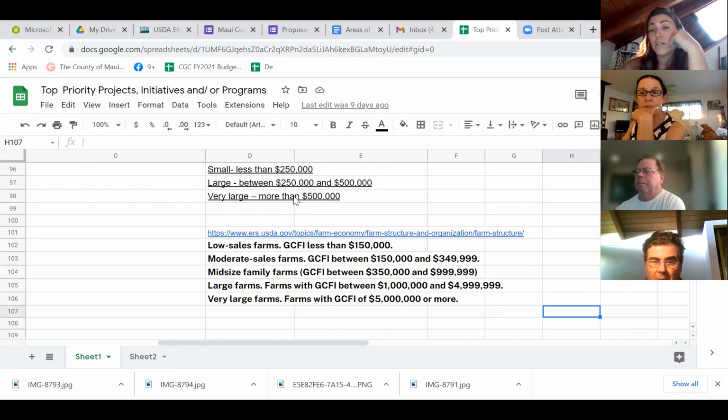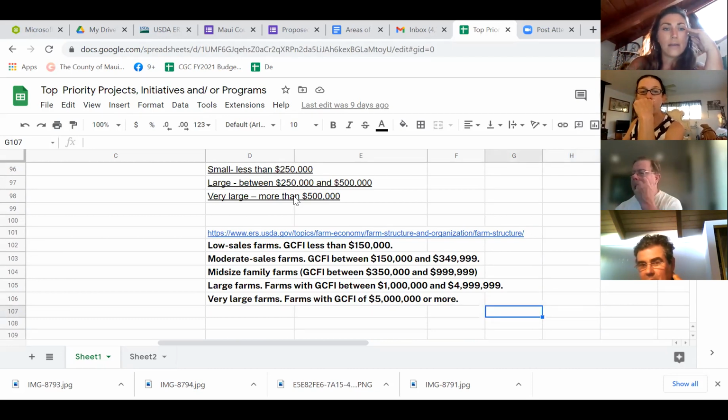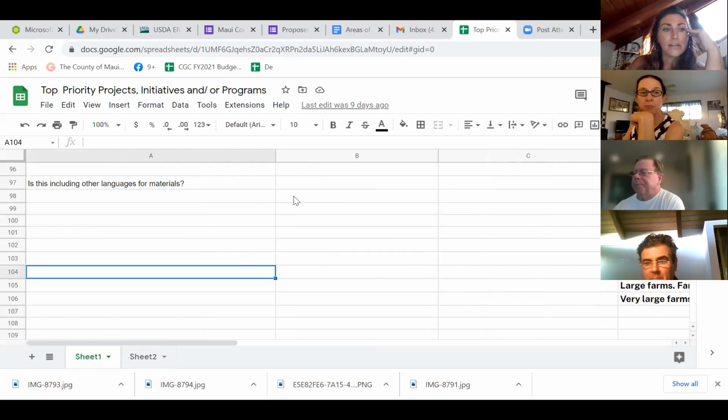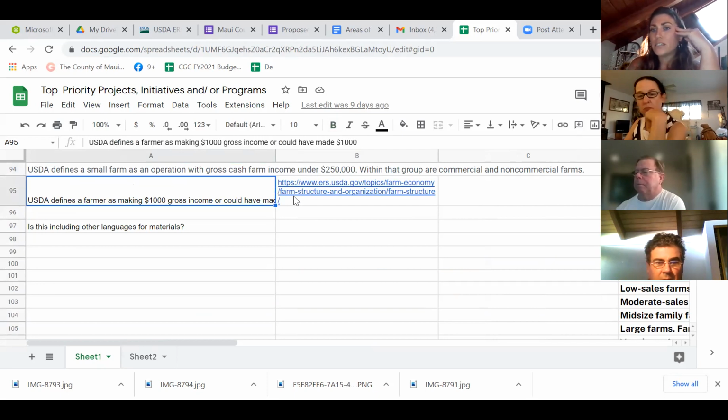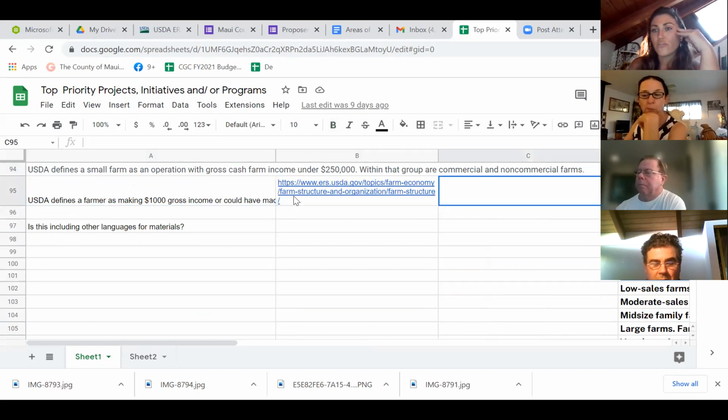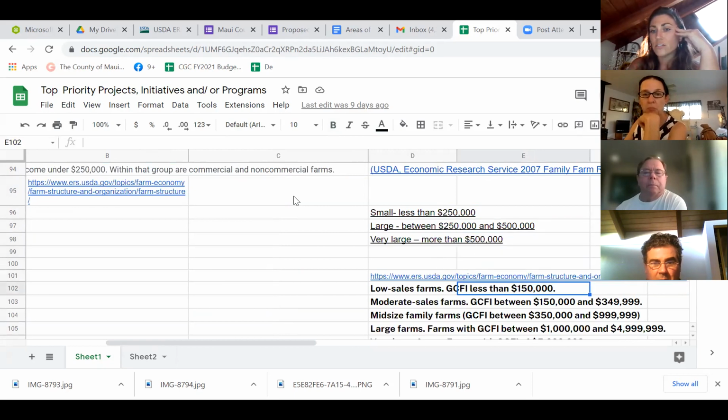I think that's a good idea, because that's where the baseline starts, considering ag. There is also that up here, that was another thing: USDA defines a farmer as making $1,000 gross income. That way you remind them of that. Does anybody disagree with that? Or we can change it from 1,000 to 150,000?